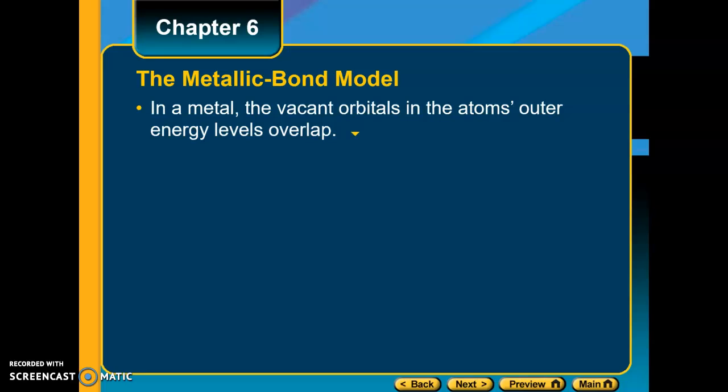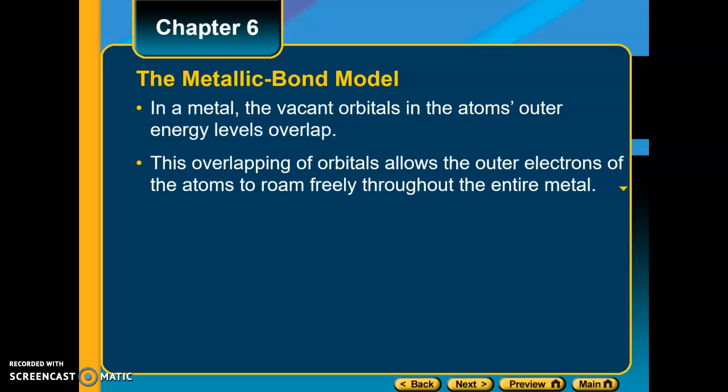What happens in a metal is that these vacant orbitals in the atom's outer energy levels, so remember that most of these metals that we're talking about have valence shells in the D block that are relatively empty oftentimes, and as a result they have a lot of empty space.